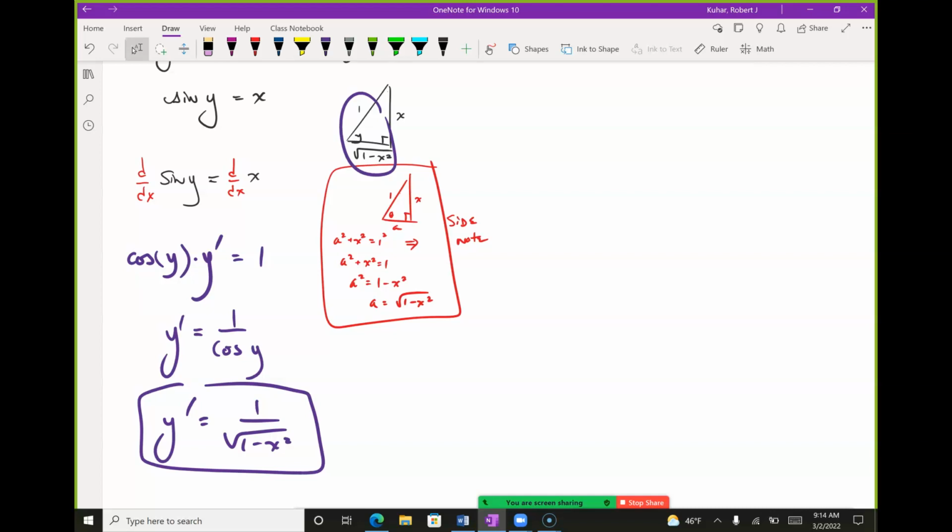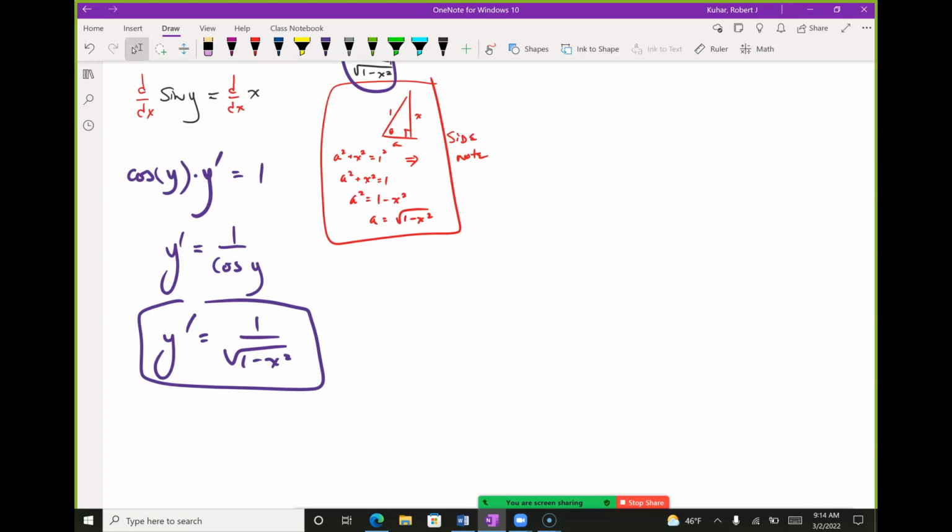So we want to take a look at our two versions that we're going to put on our formula sheet. If y equals the arcsine of x, y prime is 1 over the square root of 1 minus x squared.